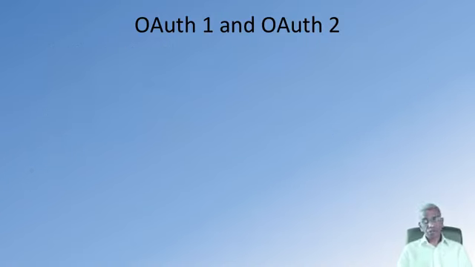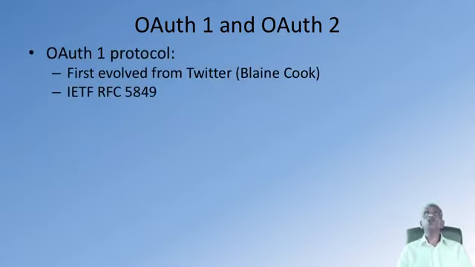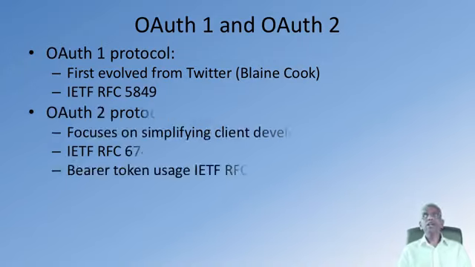Now, as I mentioned, OAuth 1 and OAuth 2 are authentication protocols, and OAuth 1 was the first protocol that came into being. This evolved from Twitter, Blaine Cook being the person behind it, and this is documented in the Internet Engineering Task Force RFC 5849. So if you want to read the gory details of how these protocols work, that is the place to find them.